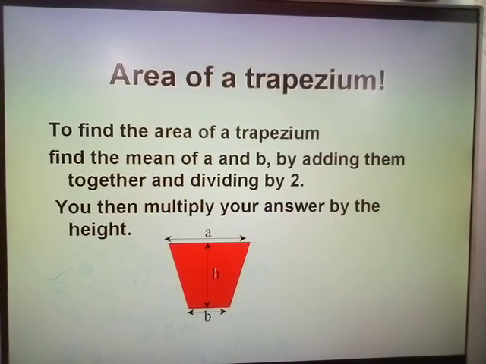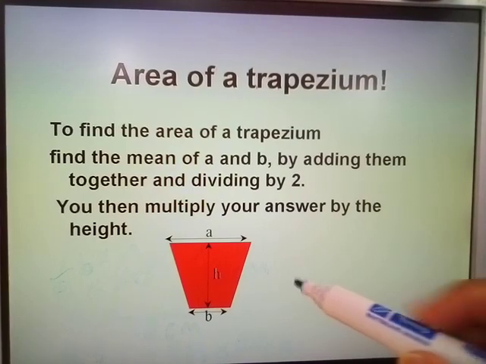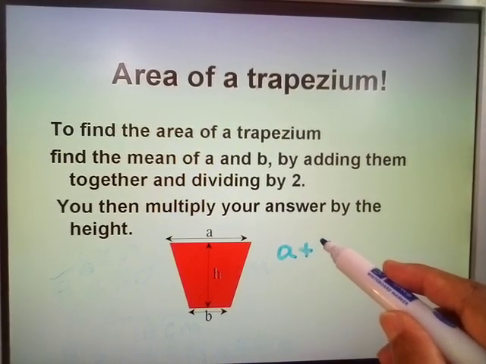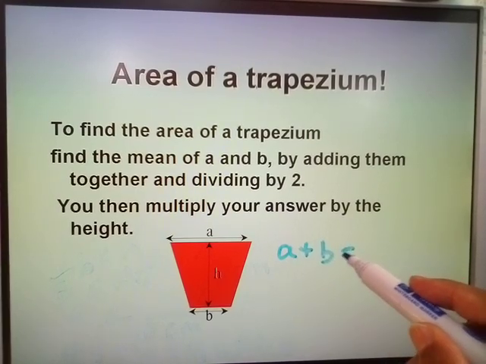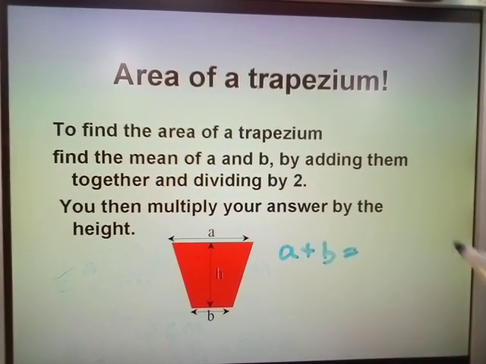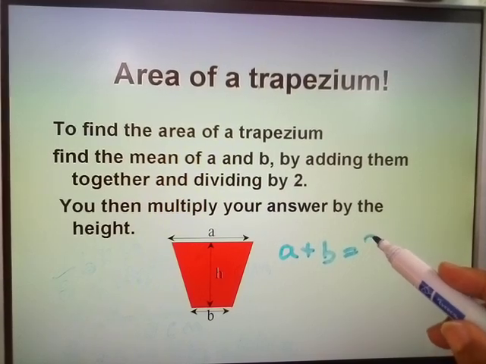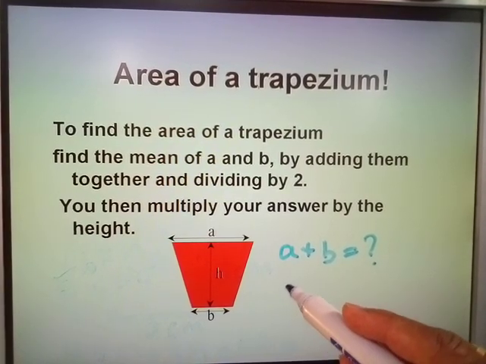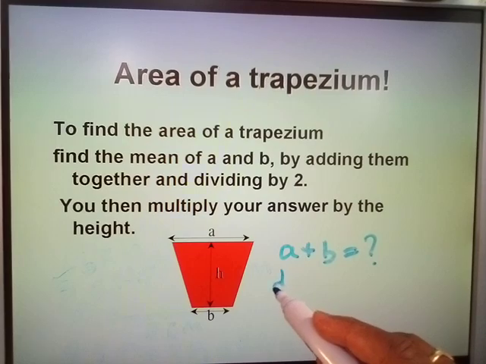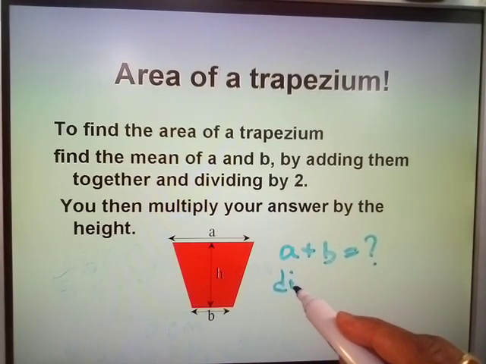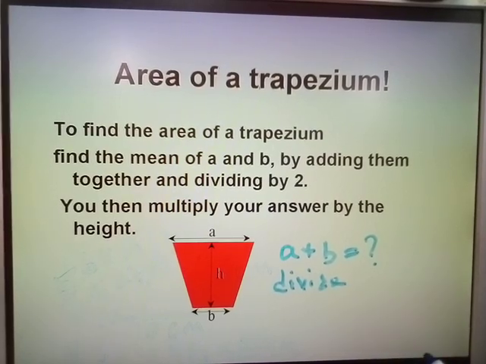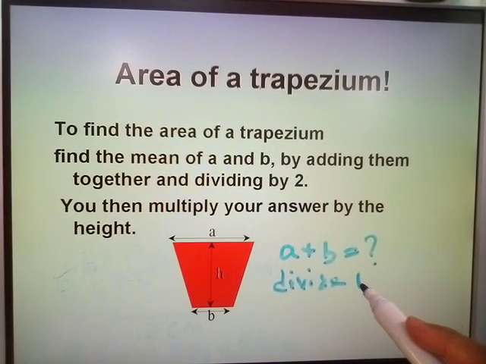Okay. But let's just see if I can add to this. Let's say if we find mean of A plus B equals whatever. Then divide by 2.